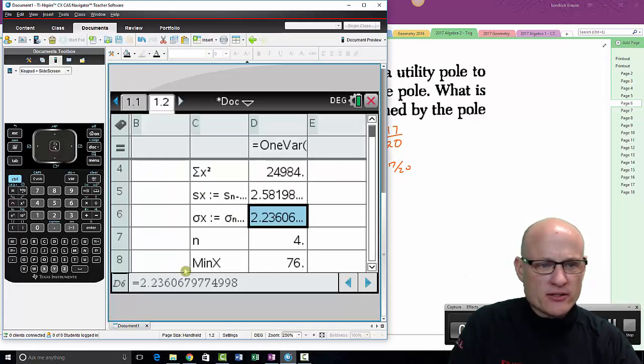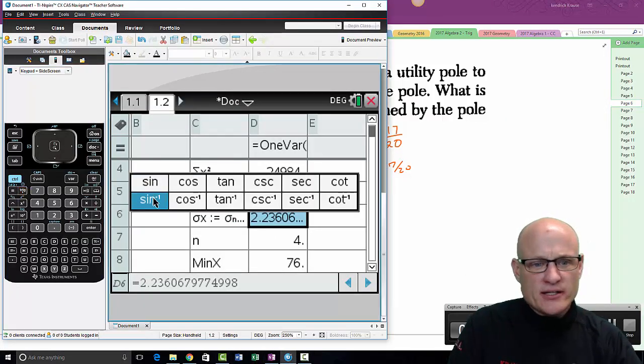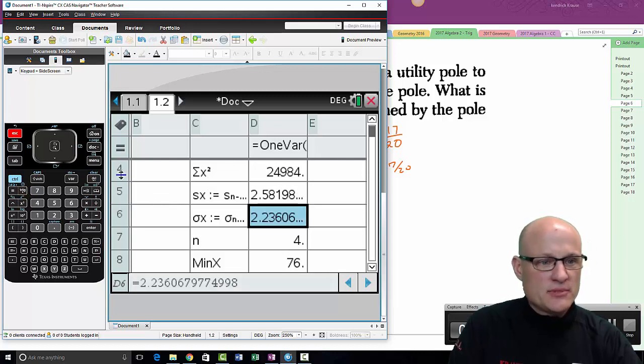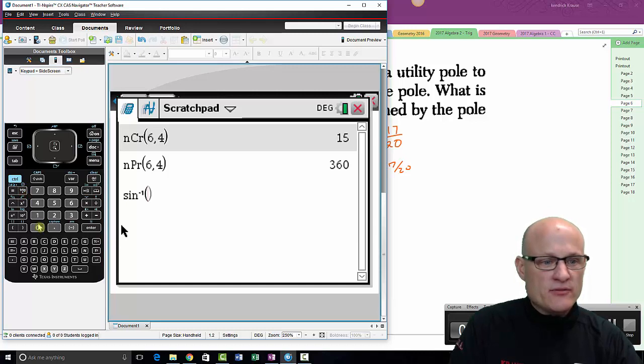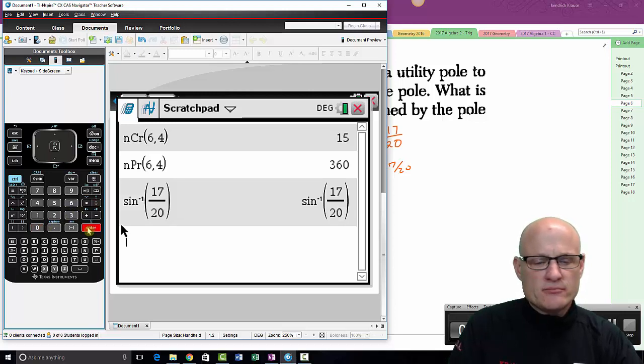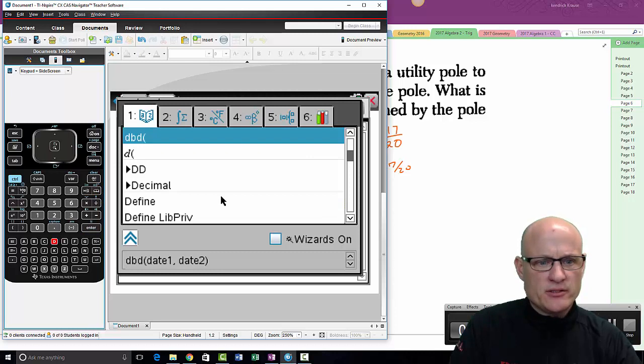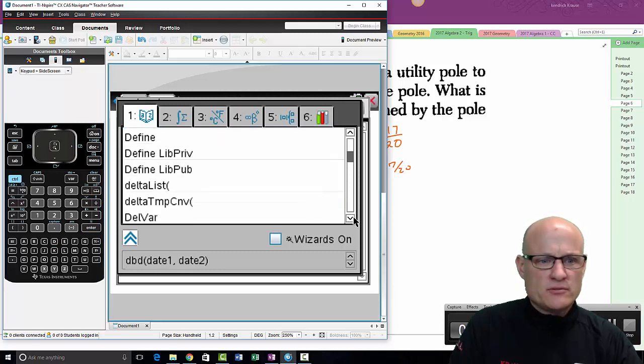Got to go to my calculator. Inverse sine of 17 divided by 20. Enter. I'm going to DMS this. Let's see if it'll just let me DMS it.